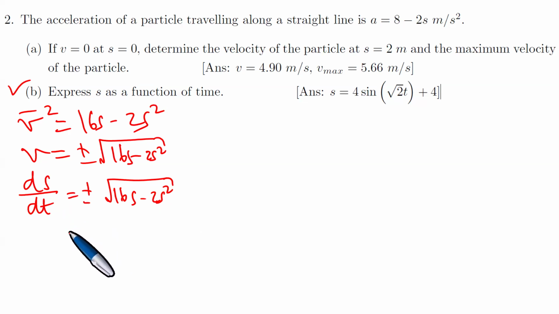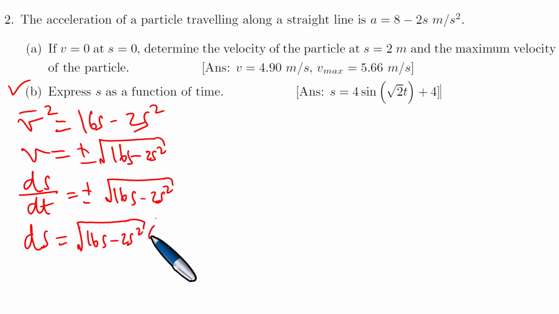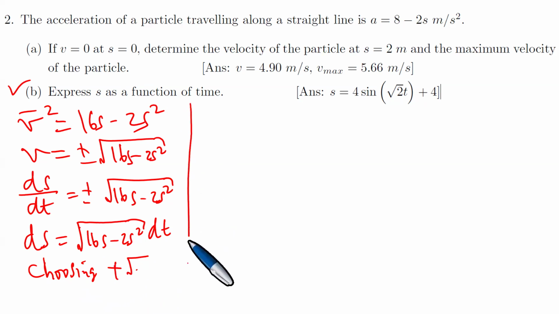Taking the positive of this, we have ds/dt equals the square root of 16s minus 2s squared, choosing the positive square root.